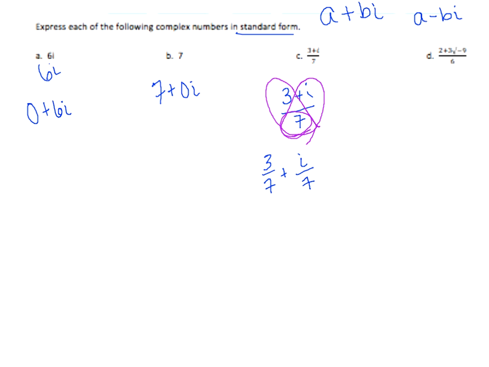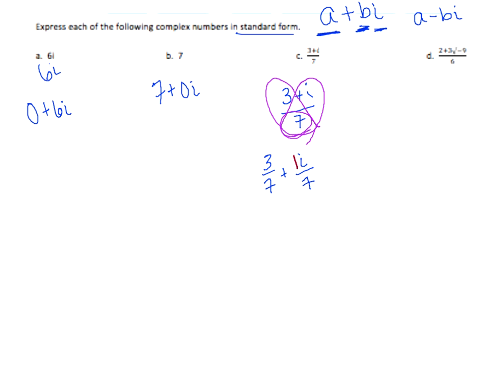We're still not done yet because it has to be real plus coefficient and then the imaginary unit there. There is an understood 1 being multiplied with that i in the numerator of the second term.